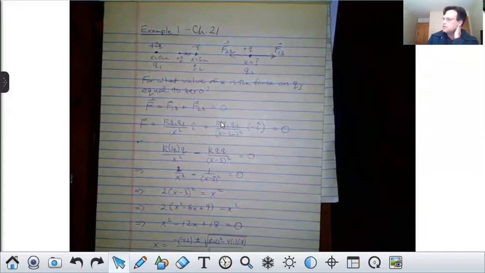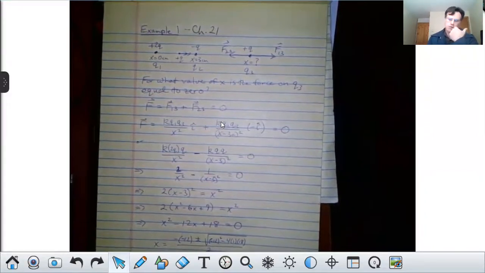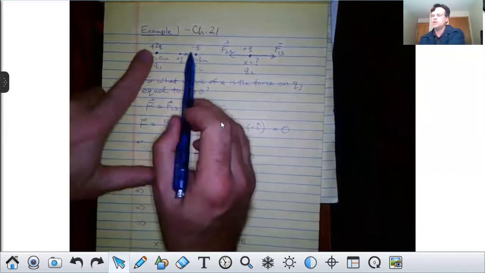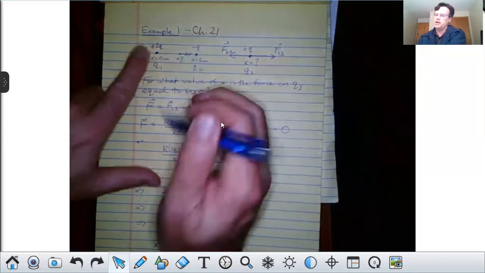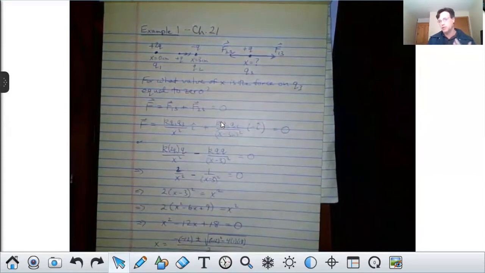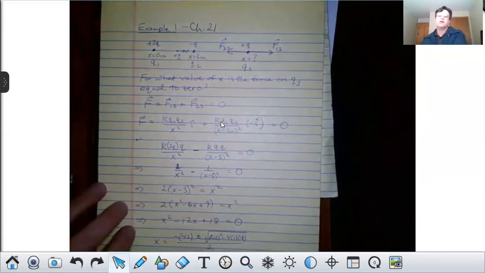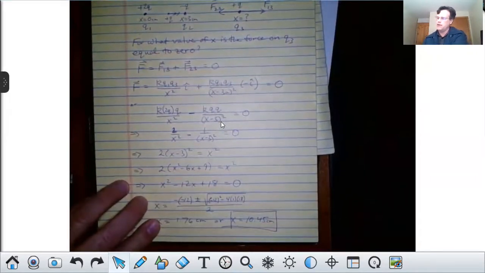So physically speaking, why do I get this 1.76? Well, this answer would correspond to the case if both of these charges were positive, right? Then this one would repel and you would have opposite directions. And the answer 1.76 would work for that case. But in our particular situation, we have to choose x equals 10.45.